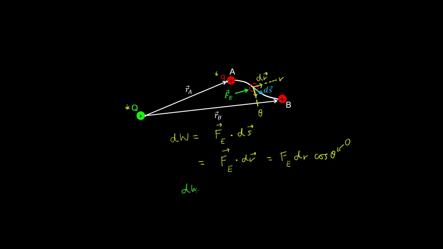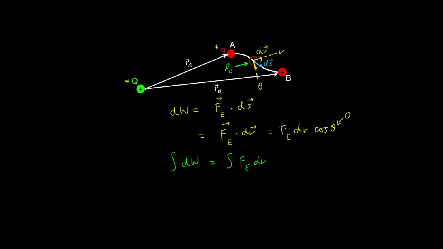And therefore, if we integrate both sides, we have the integral of dW is equal to the integral of the electric force over r. And we integrate from point A to point B. So we have the work from point A to point B, and we're integrating over r from point A to point B. So what we have is Ra to Rb. And recall that the magnitude of the electric force is equal to the charge Q by the magnitude of the electric field at that point.